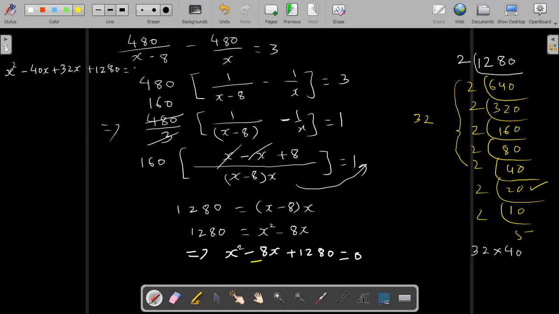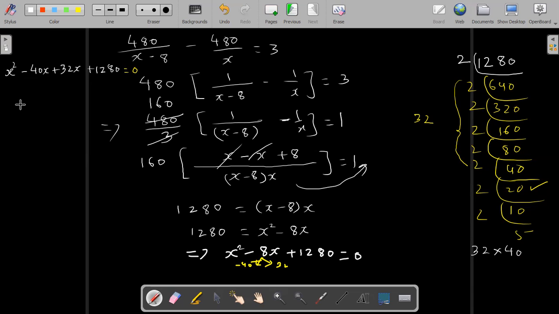This is the splitting of minus 8. I put it into two parts. One is minus 40, another is 32. Okay.